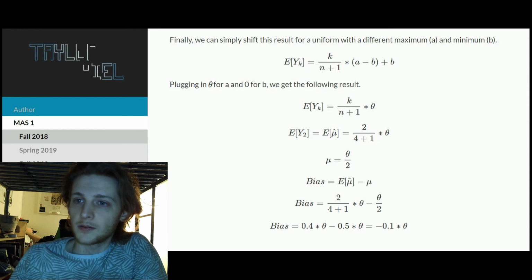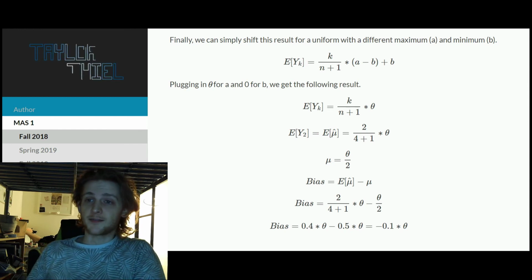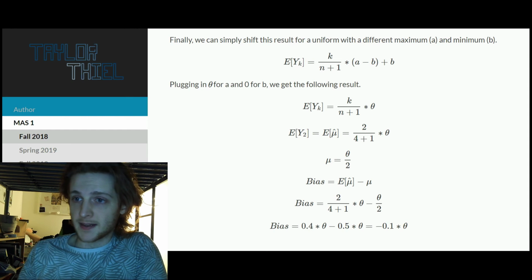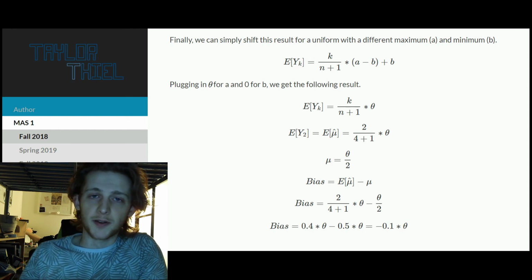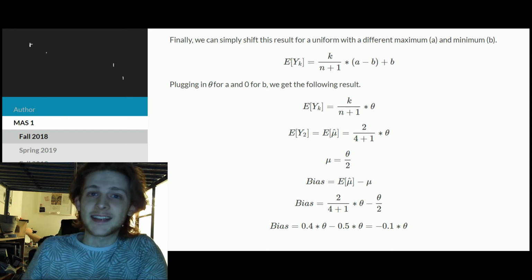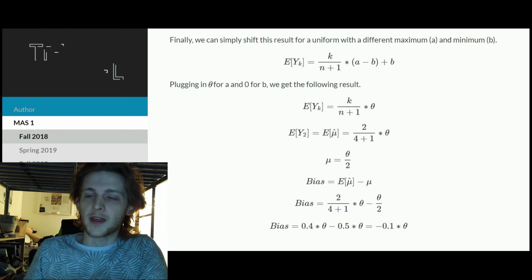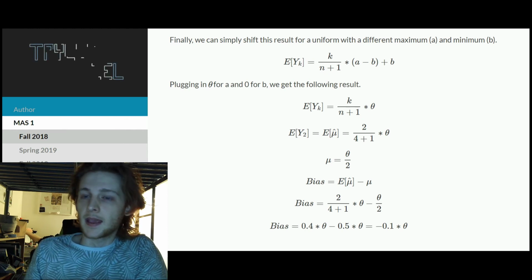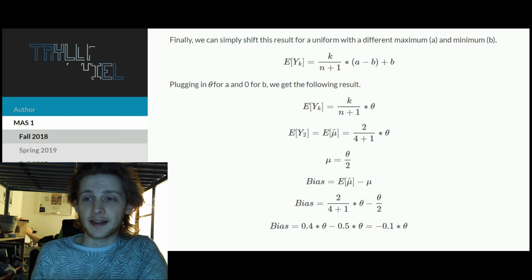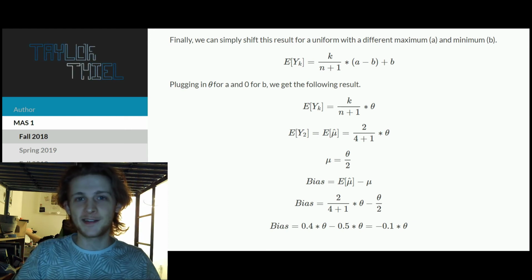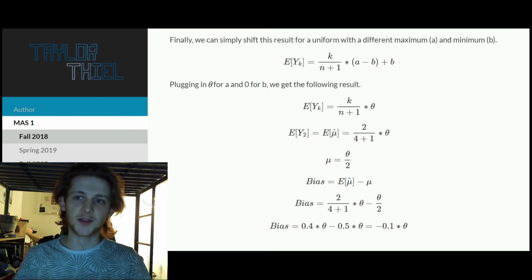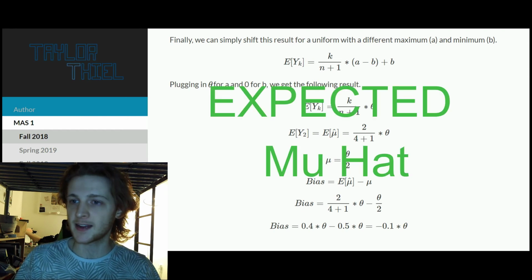We then know that we have a sample size of 4, and we're using the second order statistic, so we get 2 over 4 plus 1, or 2/5, times theta as the expected value for that order statistic. And this is actually our mu hat that I was talking about. It's a function of theta, but the thing we're estimating is mu. So mu hat is equal to 2/5 theta.